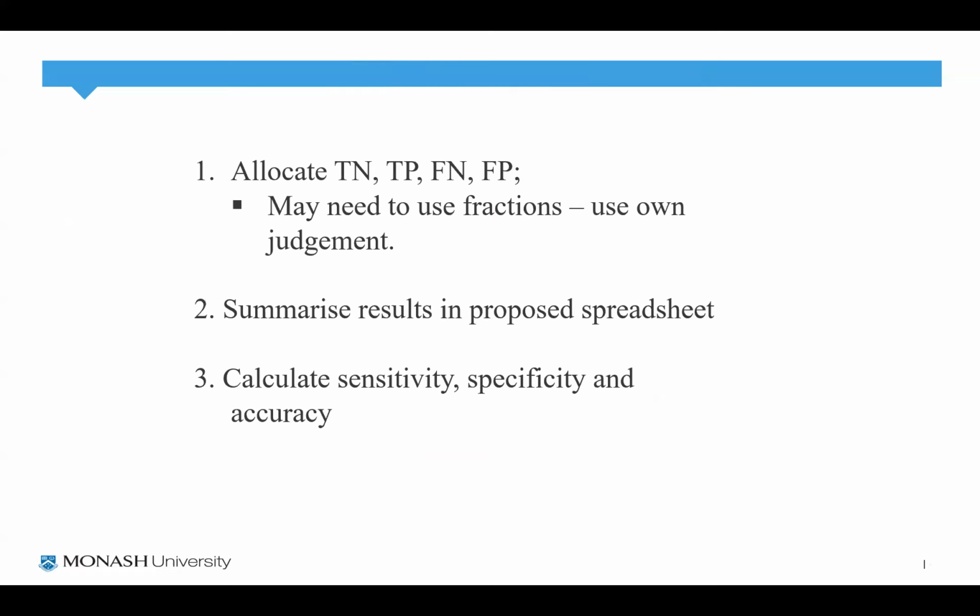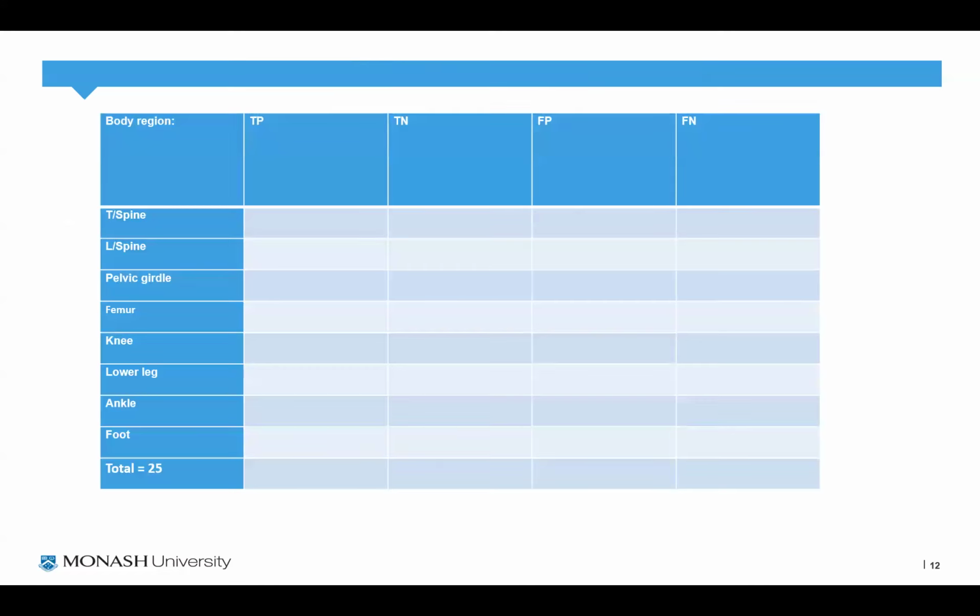And this is just how you assign your fractions and so on. So this is what the table would look like. You will, of course, add more rows to that. So remember, if it's the thoracic spine, when you add any of these fractions across a case, it must only be equal to 1. So if you had 25 cases, you had a total of 25.